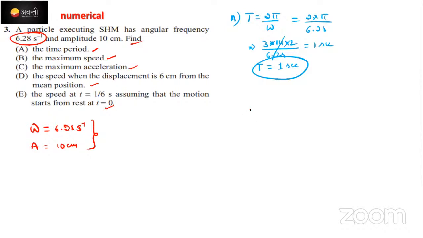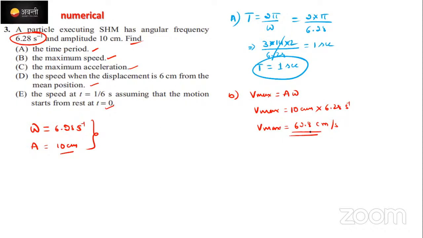Coming to the next one. Maximum speed is asked. When is the maximum speed? At the mean position, correct? To calculate maximum speed, v maximum is equal to a omega. Then what is the value of a? They gave 10 centimeter. Substitute here 10 centimeter into omega value 6.28 per second. Then v maximum is 10 centimeter into 6.28, which means 62.8 centimeter per second. This is the maximum speed.